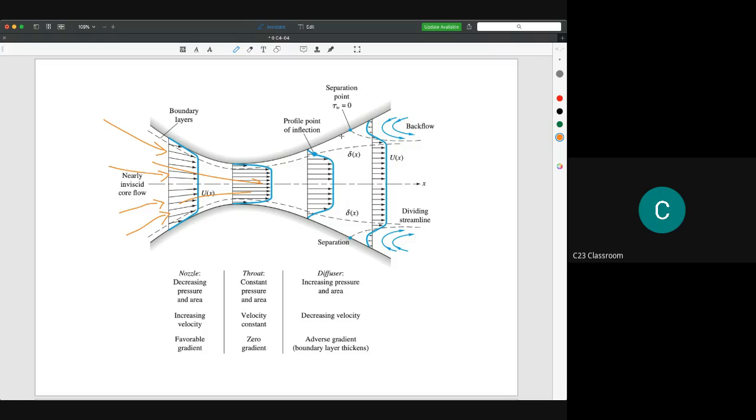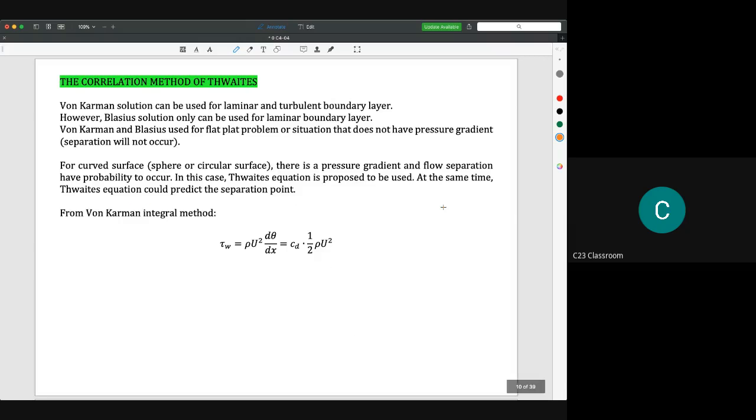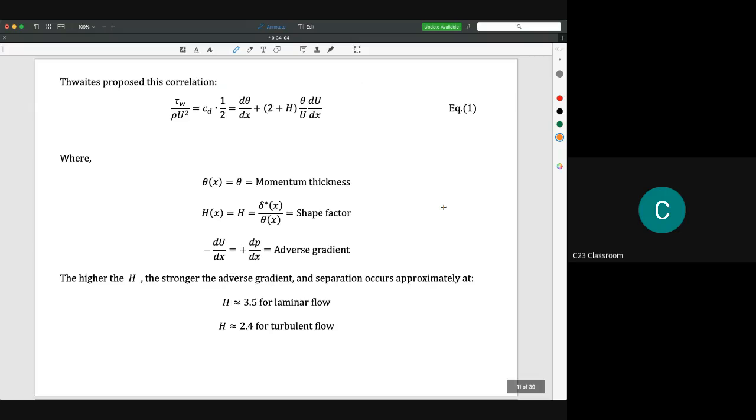At a certain point, the air will detach from the surface, so it will become like this, and here we have a backflow. I have a picture of that.